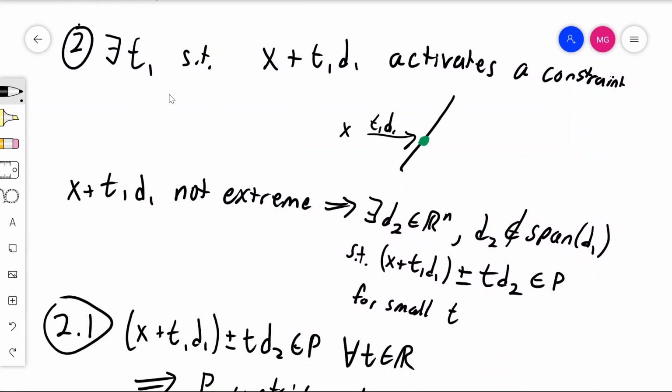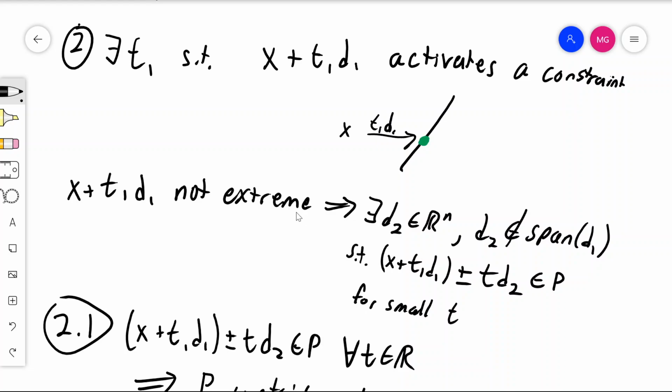So in that case, we still haven't found a line. We still know we're in the polyhedron as long as we don't go past the boundary though. So x plus t1 d1 is in the polyhedron, but the polyhedron has no extreme points still. So this is not an extreme point. So we can just do the same thing that we did before really.